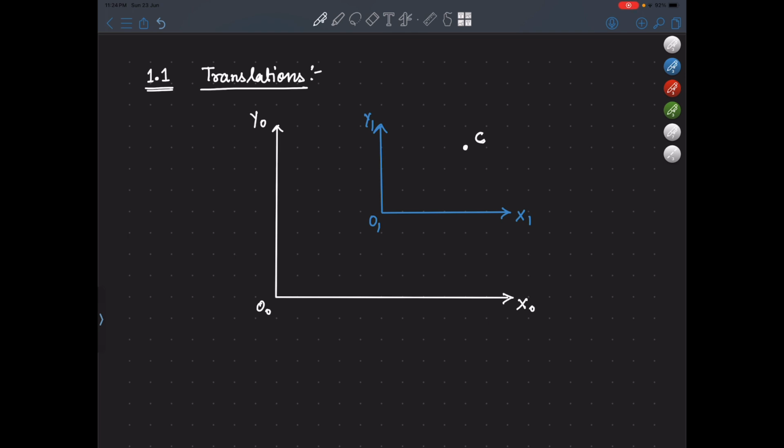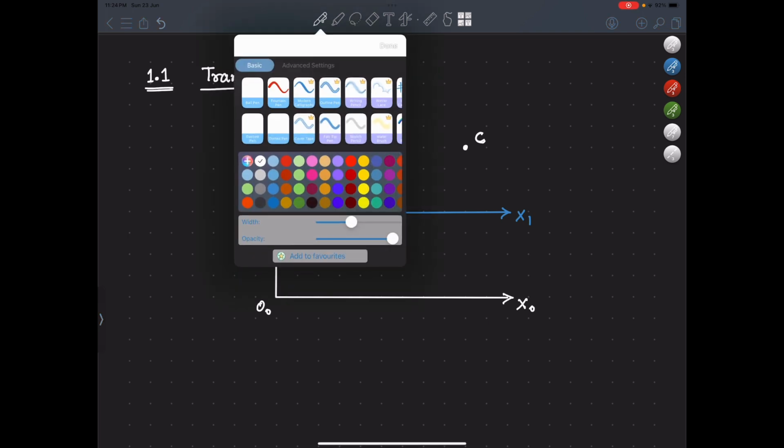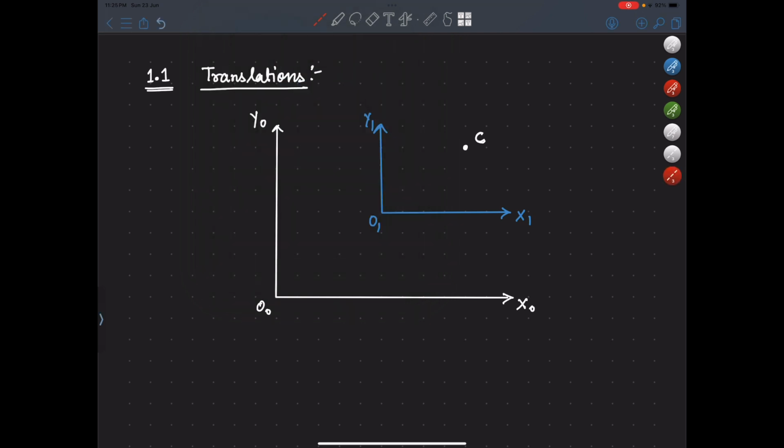So let's see how to get it. I'll just mark the values of its x and y coordinates for visualization purposes.